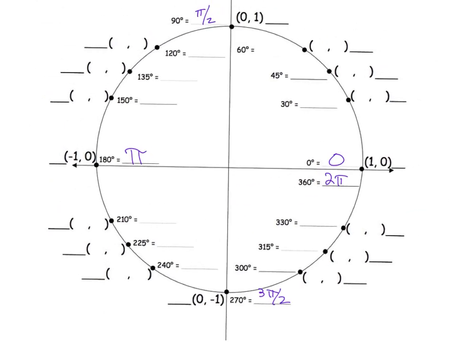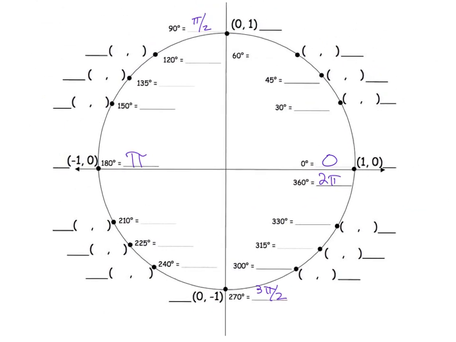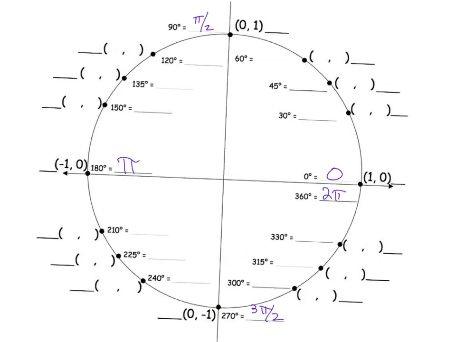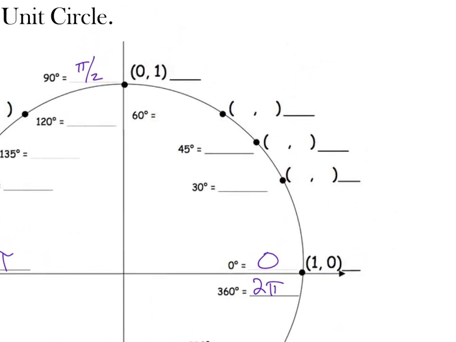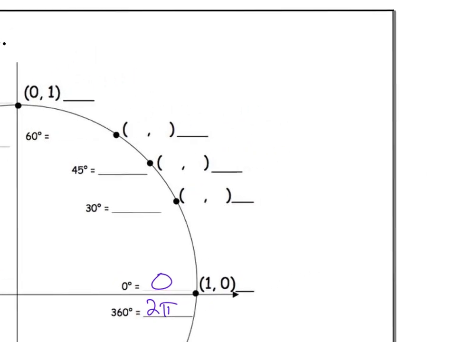Okay, so now when I get that idea, I can start filling the blanks all the way around. If I look up here in quadrant 1, we figured out 30 degrees. If you forgot how to do that, remember that going from degrees to radians, I multiply by pi over 180.